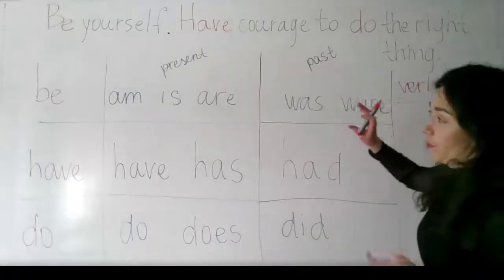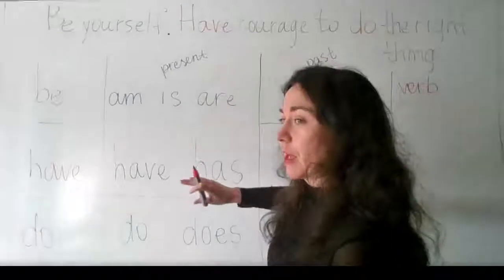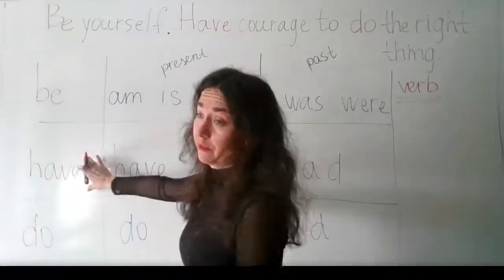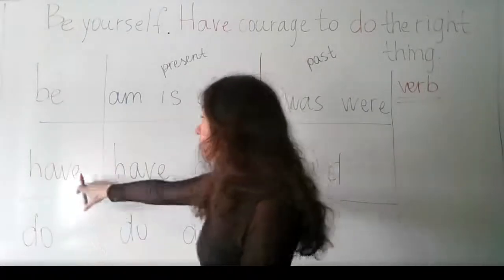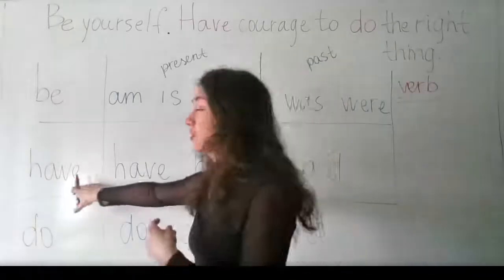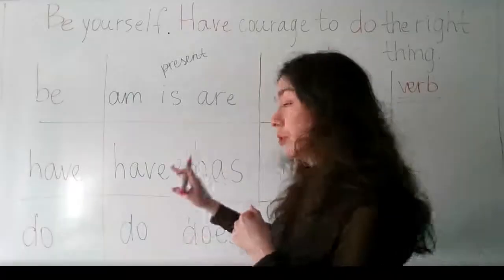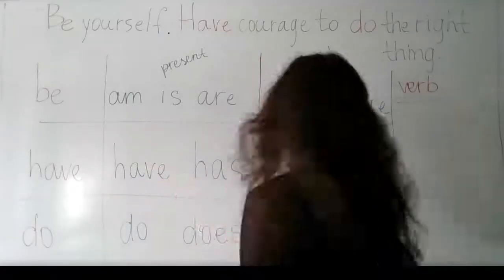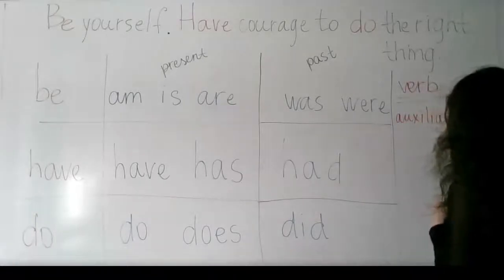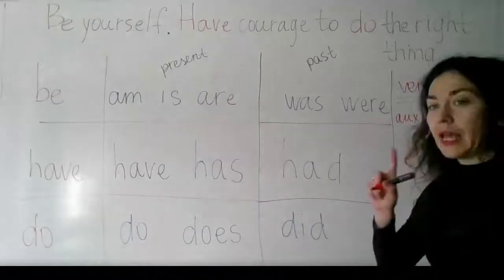So these three verbs are very important because sometimes you use them as just simple verbs like I have a boyfriend. I have, so you use this verb. But sometimes you use a verb as auxiliary verb.